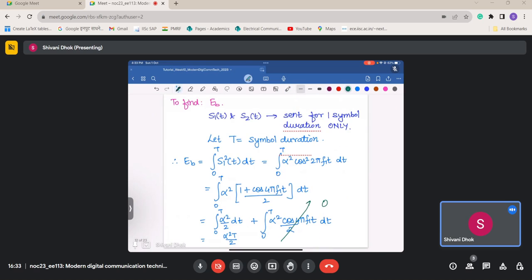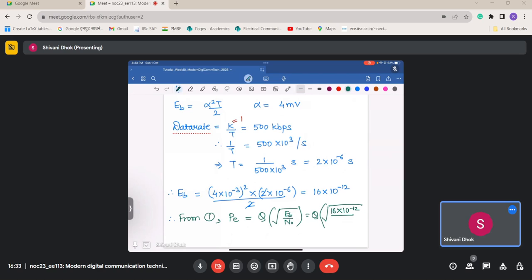So these two terms get cancelled. Therefore this probability of error is equal to Q function of under root 16, which is equal to Q function of 4. So this is the probability of error that we are having for our given system.